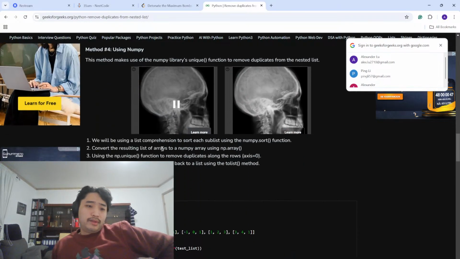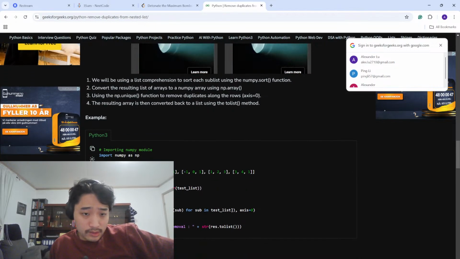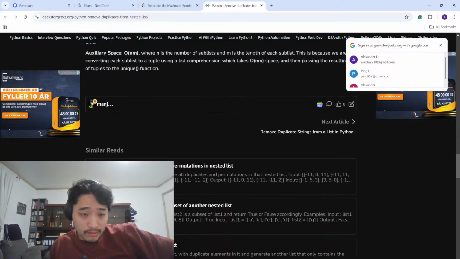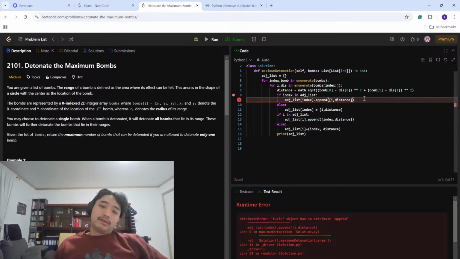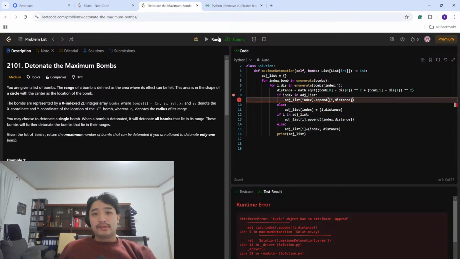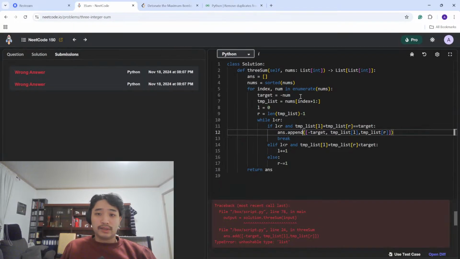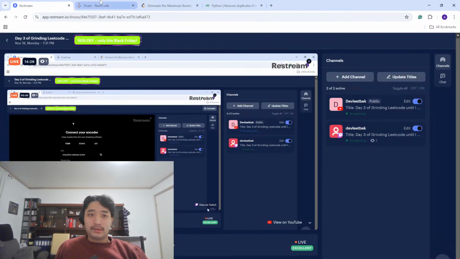NumPy. Maybe NumPy is the solution. Unique. Apparently, okay, to be fair, my answer shouldn't be that long even. Why is this? Oh, this is also another question. Yeah.